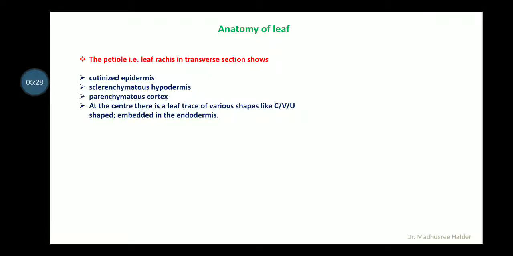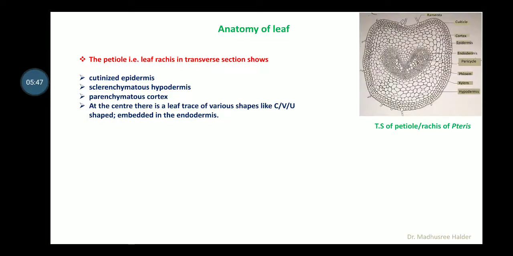The first layer is cutinized epidermis, then sclerenchymatous hypodermis, next to that parenchymatous cortex, and then there is leaf trace of various shapes like C, V or U shape embedded in the endodermis, and that is the transverse section of rachis of Pteris.